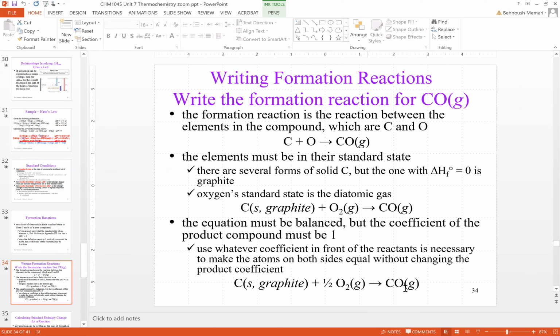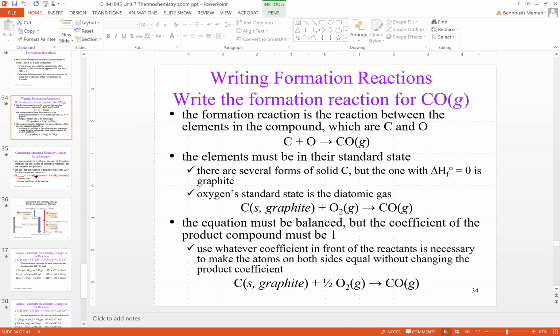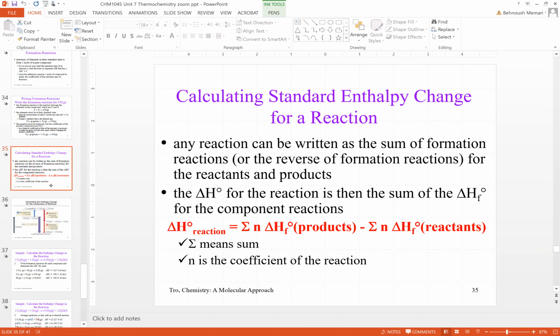And if you want to have 1 mole of CO, the O2 needs to be divided by half. This is the only case where the coefficient can be a fraction. For expressing delta H formation, the product has to be 1 mole. So if the product needs to be 1 mole, then we have to use 1/2 of O2, because it's diatomic in nature. This is very rare, only for delta H formation.